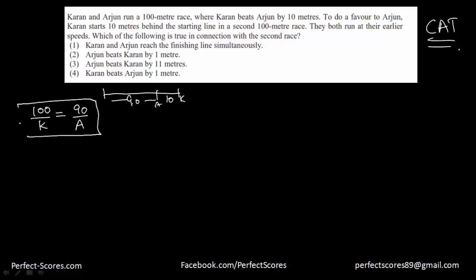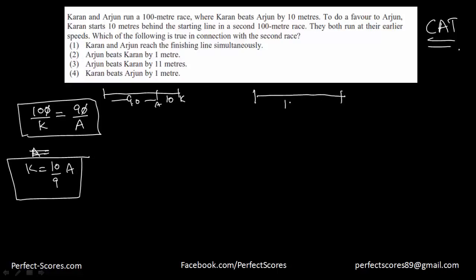So we have a relationship between their speeds. This is their speed, K and A. So from here we know that K is equal to 10 by 9 A. So this is a relationship we have between their speeds. Now the question says that to do a favor, Arjun starts the race 10 meters behind.